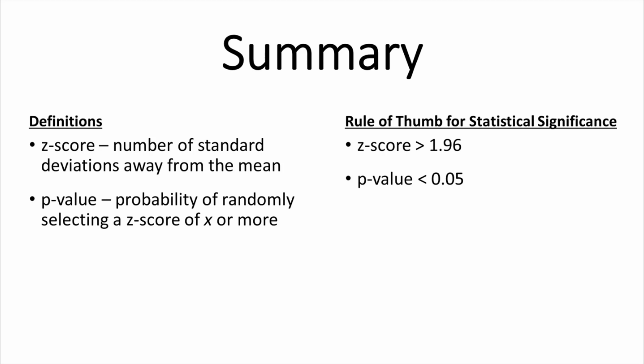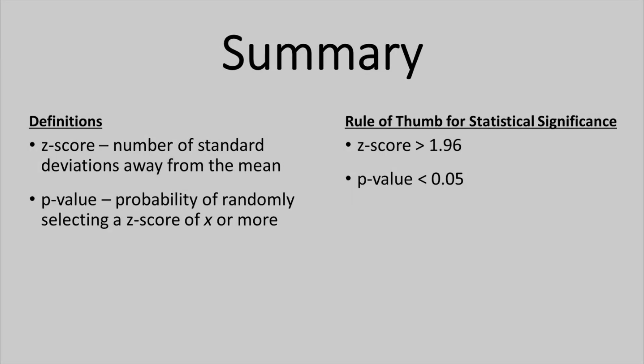So the rule of thumb for determining if something is statistically significant or not is if the z-score is greater than 1.96 and the p-value is less than 0.05, then it is statistically significant. And given what we've learned in this video, if these things are true, then it is very unlikely that beta equals 0. That is, it is very unlikely that protected class and price are unrelated.